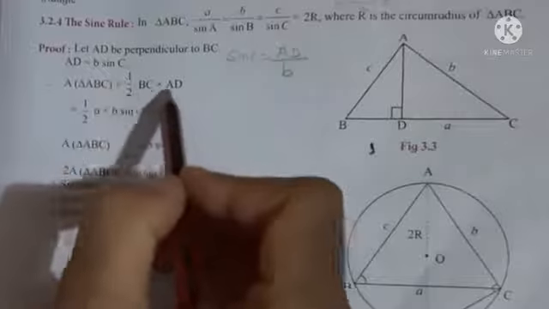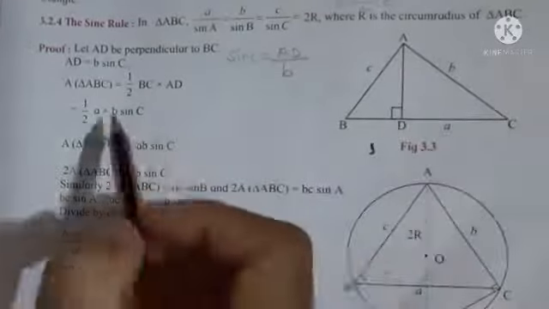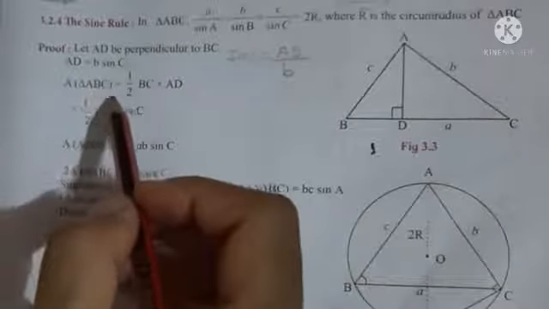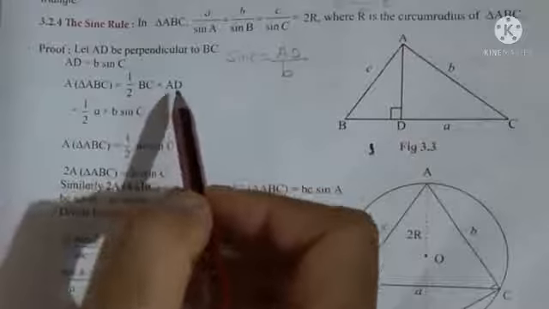Now we find the area of triangle ABC. What is the formula? Half base into height. Here the base is BC and the height is AD. So we get area of triangle ABC is equal to half into BC into AD.